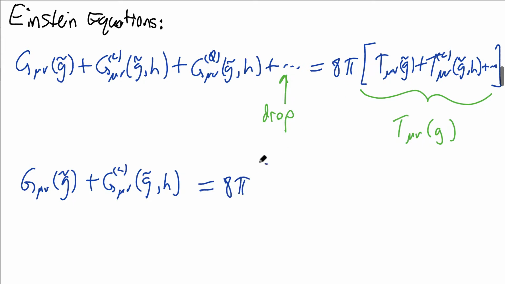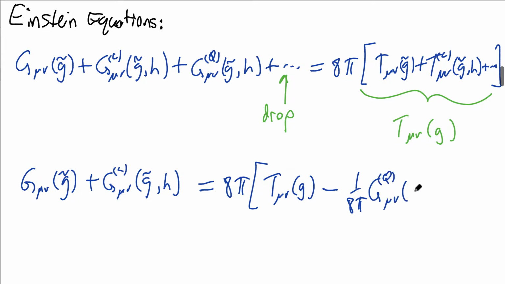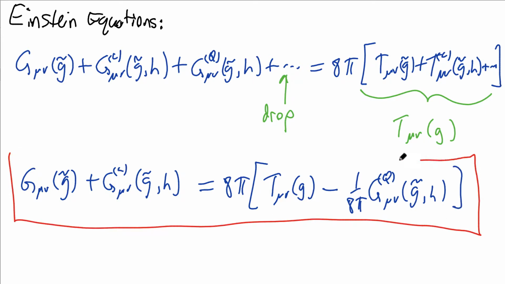This is 8 pi times T mu nu of g. That's all of the right-hand side here. And then these quadratic terms we'll write as minus 1 over 8 pi times G quadratic mu nu of g tilde and h. Now, in writing the Einstein equations in this way, it suggests that we can interpret these quadratic terms as a stress energy momentum tensor for the gravitational waves.